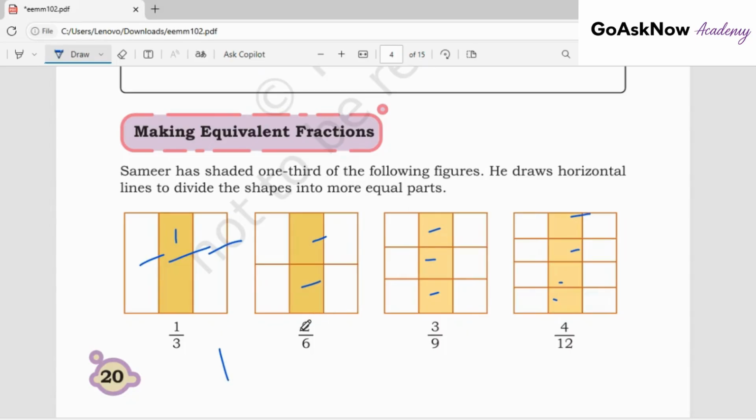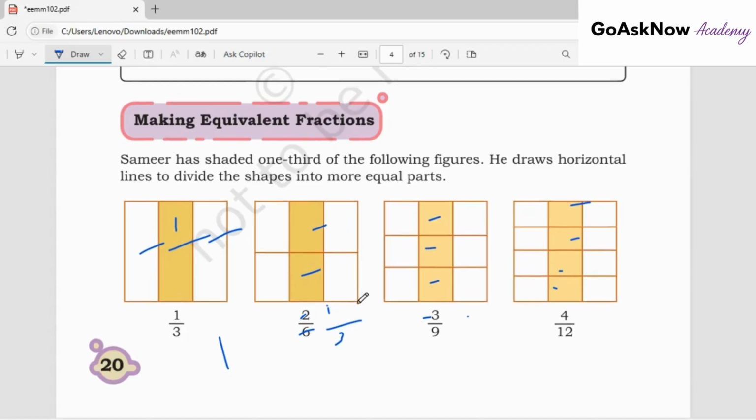How do we cancel the 2? Here 3, which is 1 by 3. Here also 1 by 3 will be obtained. Here also 1 by 3.